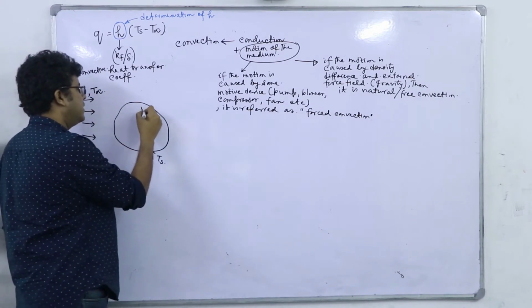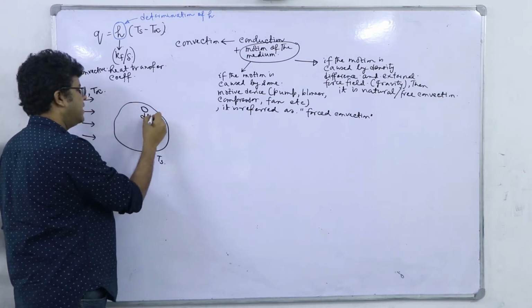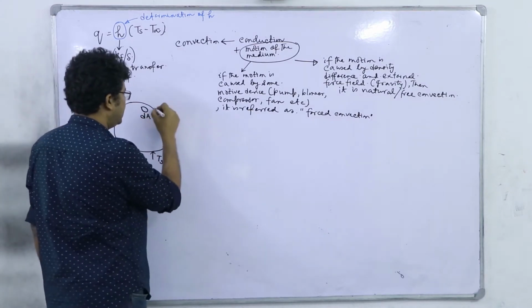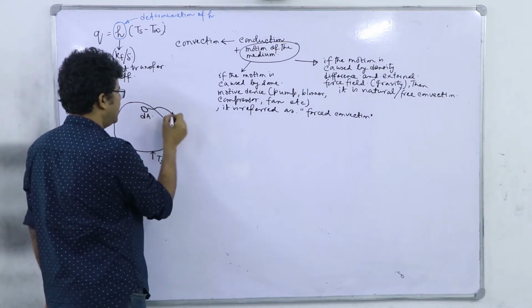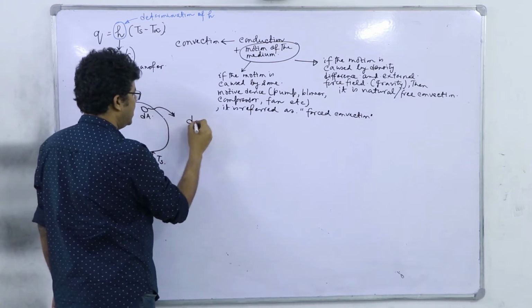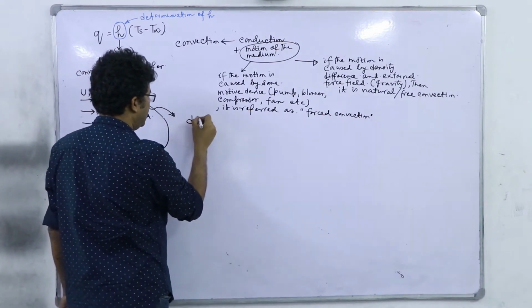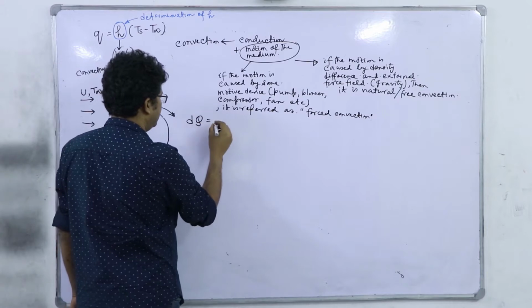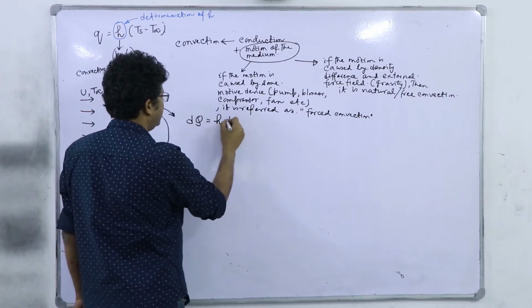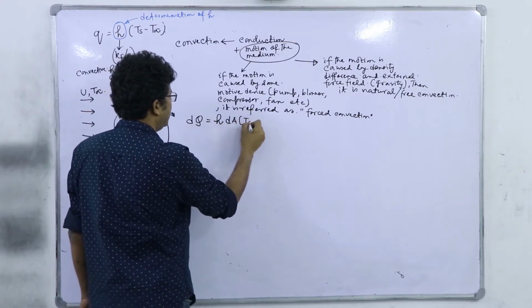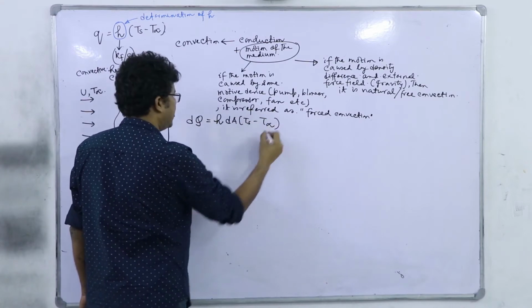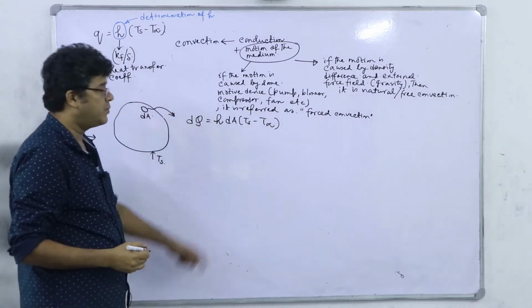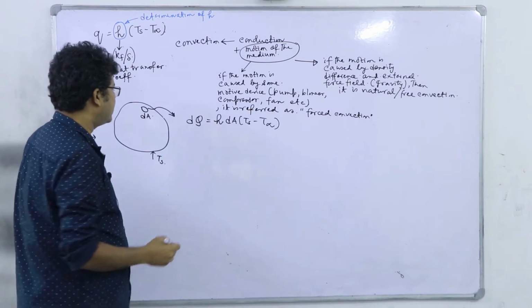Considering a small surface area dA, we can write over this part the local heat flow rate dQ, which is H into dA into Ts minus T infinity, where T infinity is the free stream temperature and Ts is the surface temperature.